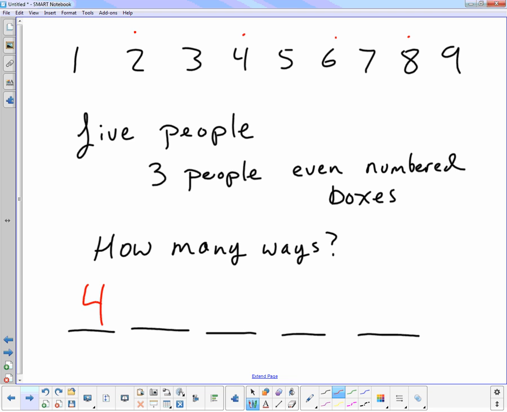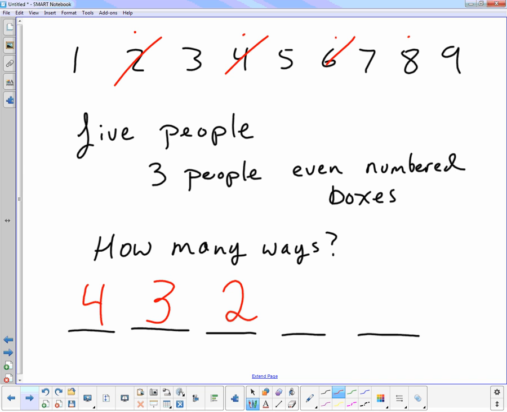Okay. How many does Bailey have? She has only 3 numbers left to pick from. Okay. And then how many choices do you have? You have only 2. Okay. Now Nikki has to deal with whatever is left over. So let's just say that Amanda took 2, Bailey took 4, you took 6. Okay?